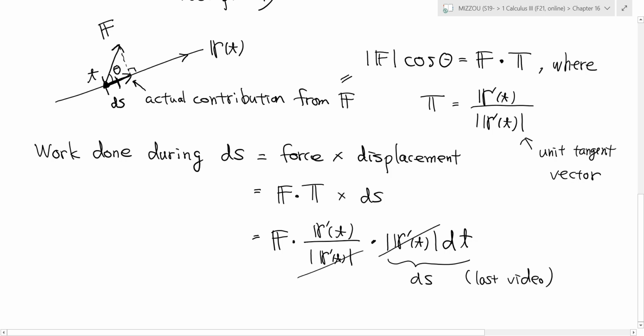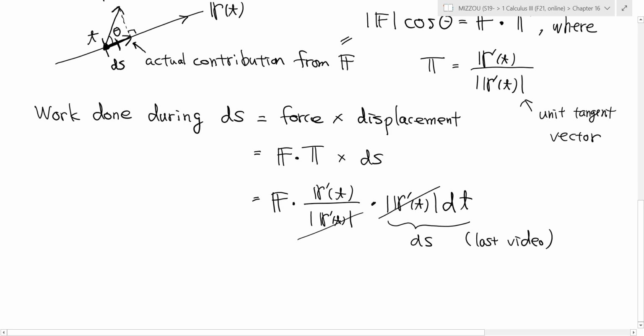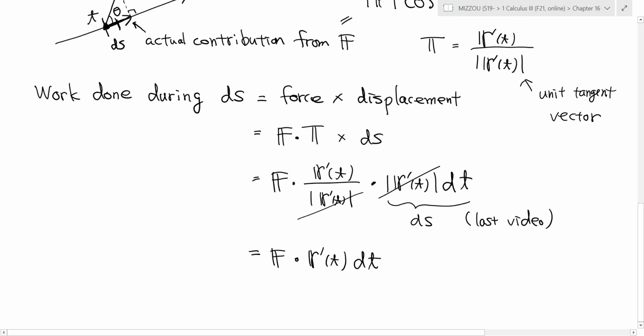And then if you cancel those, what you get is just F dot the derivative of r, and dt. So that's the actual work done by the force. And since this is a dot product of two vectors, remember a dot product is always a scalar. So this entire thing is a scalar, and you have dt.